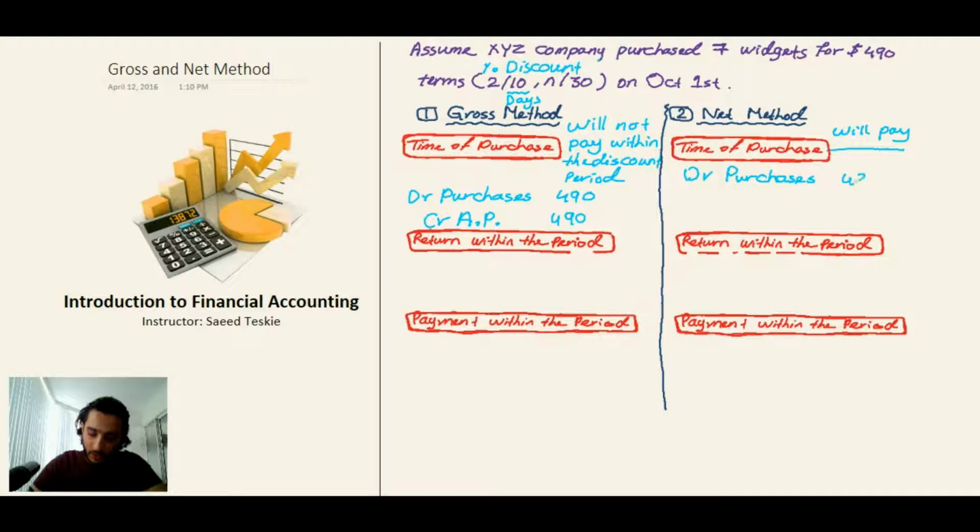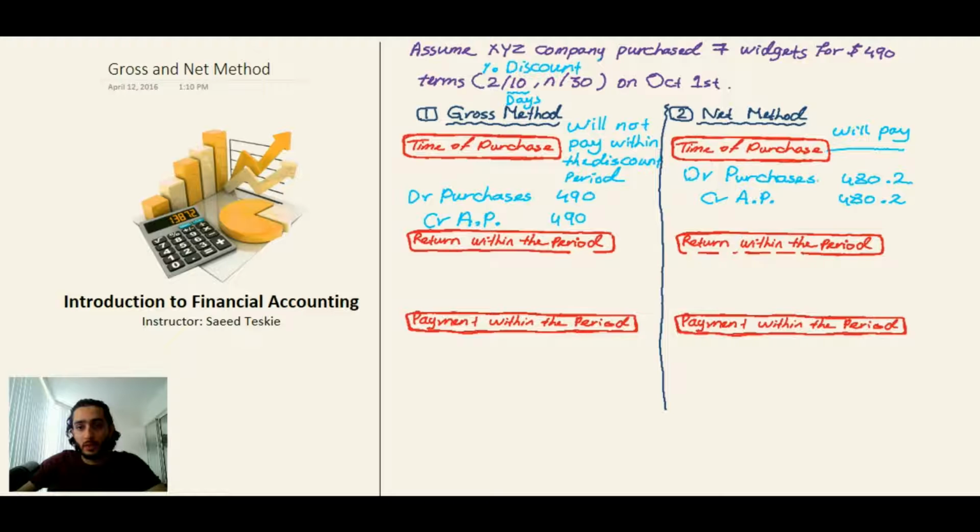So 480.2, that's what we have to pay, and we will credit accounts payable with 480.2. So you can see the difference at the time of purchase.